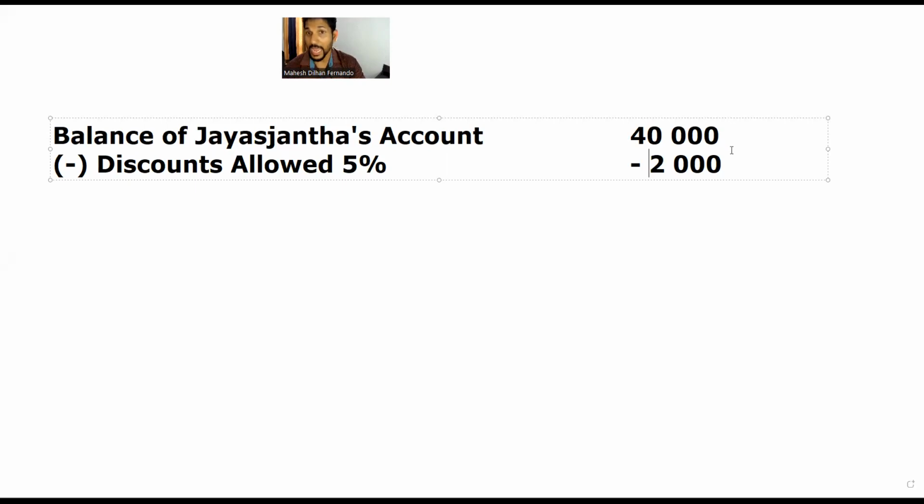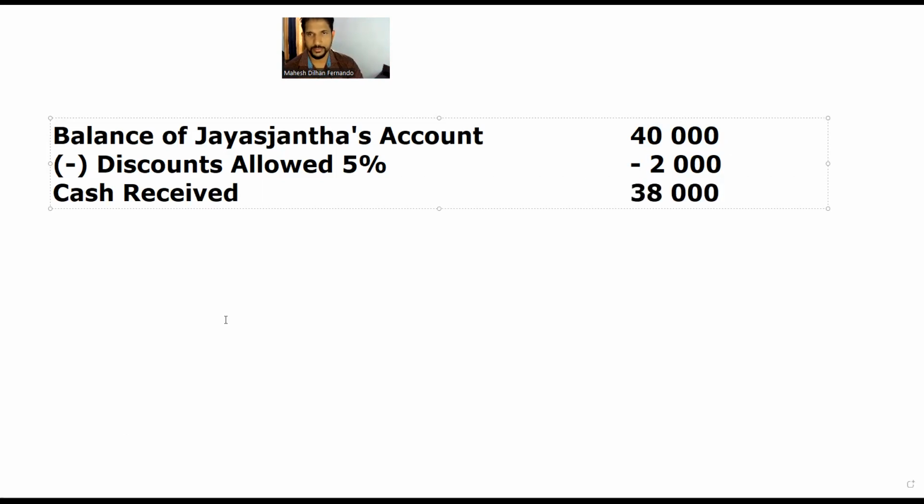That means at the time we collect Jayashanta's account valued 40,000, the business has allowed a discount of 2,000. Therefore, cash received is just 38,000 rupees.